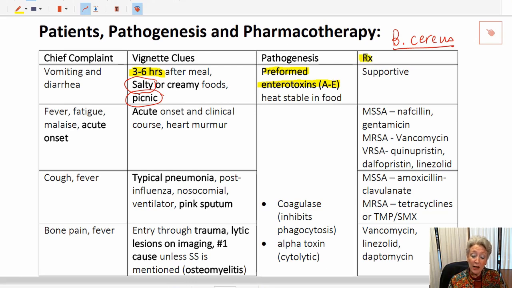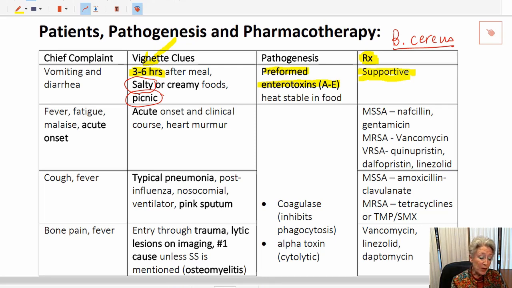Realize they like to ask about those therapies that do not involve drugs. So it's only supportive care in this case because of the fact it's not actually an infection with the organism. It's simply a toxicosis. You have ingested the preformed toxin, thus the very rapid onset, and thus no antibiotics recommended.